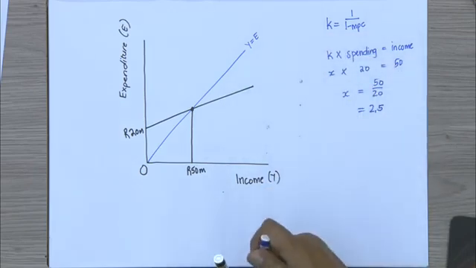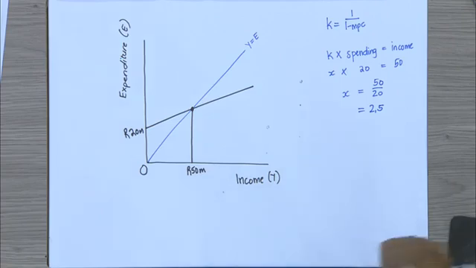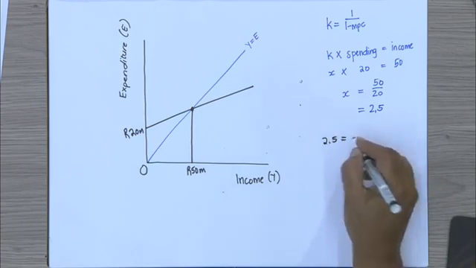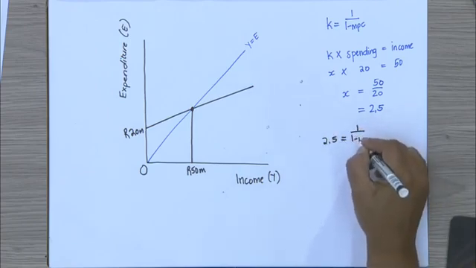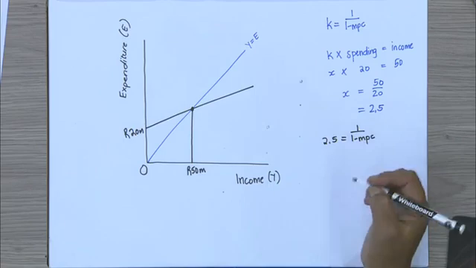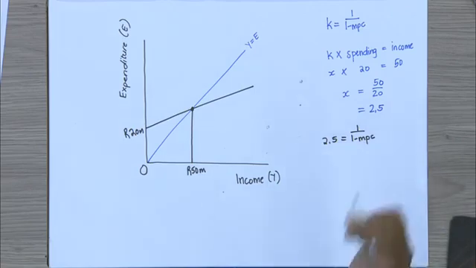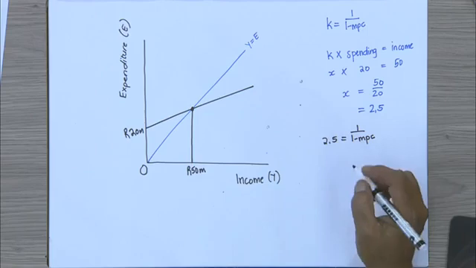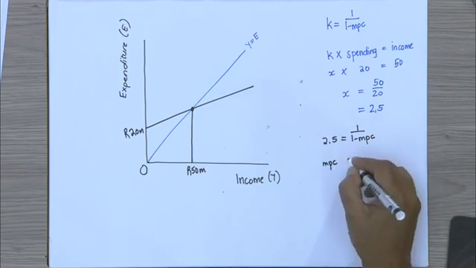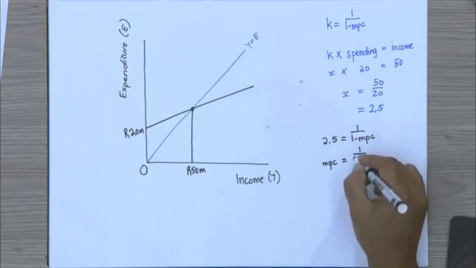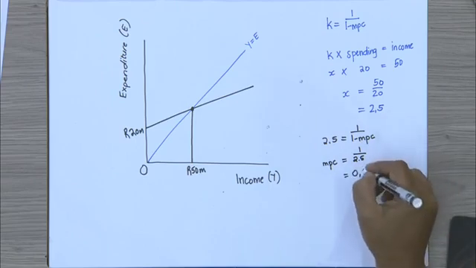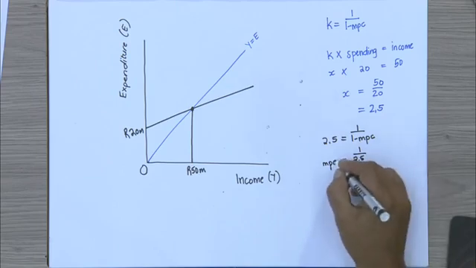So once again, we use substitution. So I say 2.5, which is my K, equals 1 over 1 minus MPC. Right? And now I'm going to calculate what my MPC is again. So my MPC will be 1 over 2.5, which is going to give you 0.4, that's going to be your MPS.